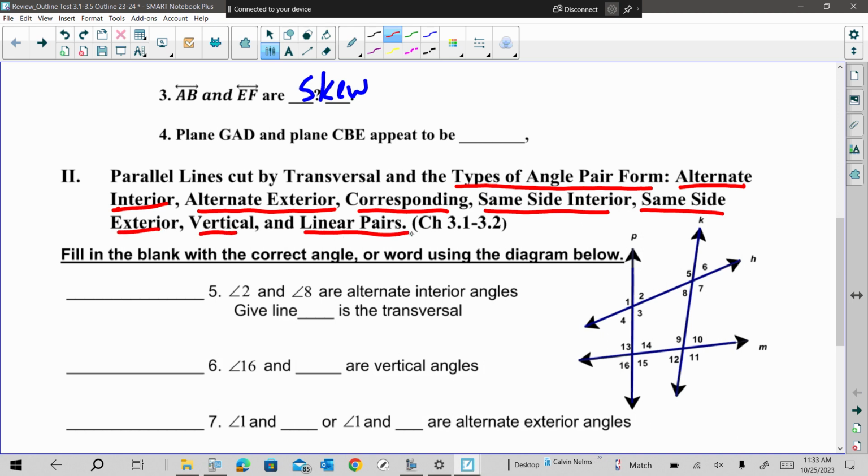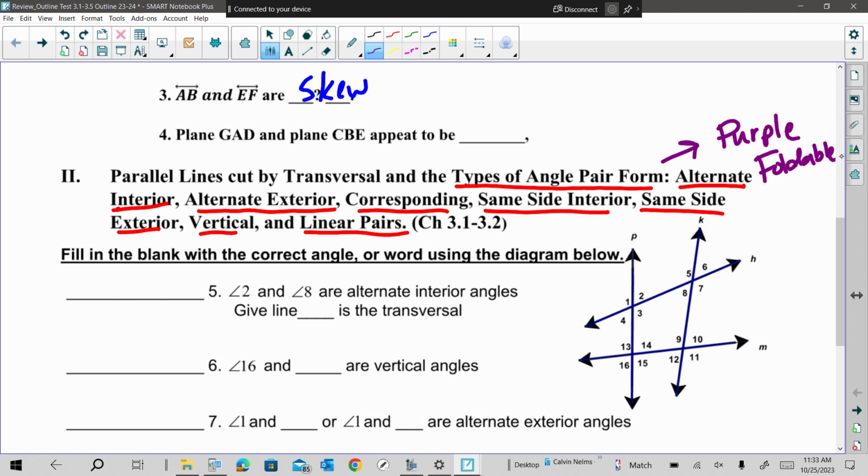Basically, you need to know everything off the purple foldable. Make sure you refer to your purple foldable if you're going to study. I am going to send out some flashcards on Teams to help you study those types of angles and reading diagrams. You just have to take the time to go on Teams to look at it tonight.